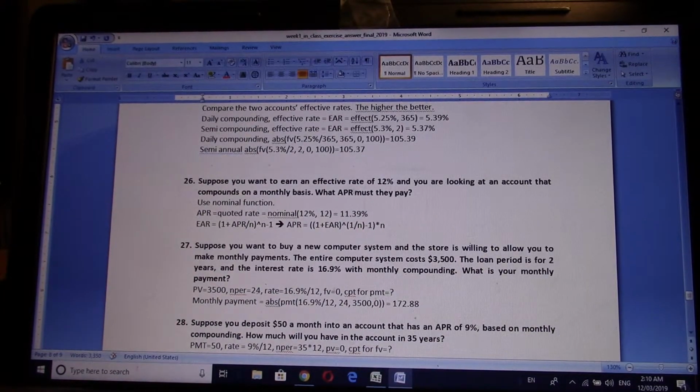Right, so this should be the equation for APR. Okay, but you can use the nominal function in Excel to do that. Okay, so this is 26.